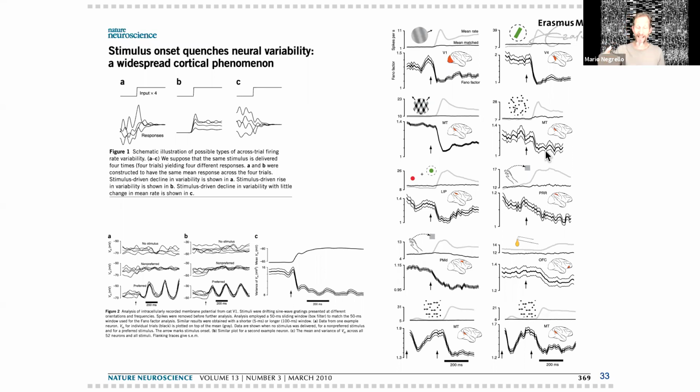Each of these is a paradigm testing a particular sensory capability of the human. I'm not going to discuss all of them, but the astounding fact is that presenting a stimulus reduces variability of the cortex, which has been predicted in the paper that I showed you before from theoretical considerations.